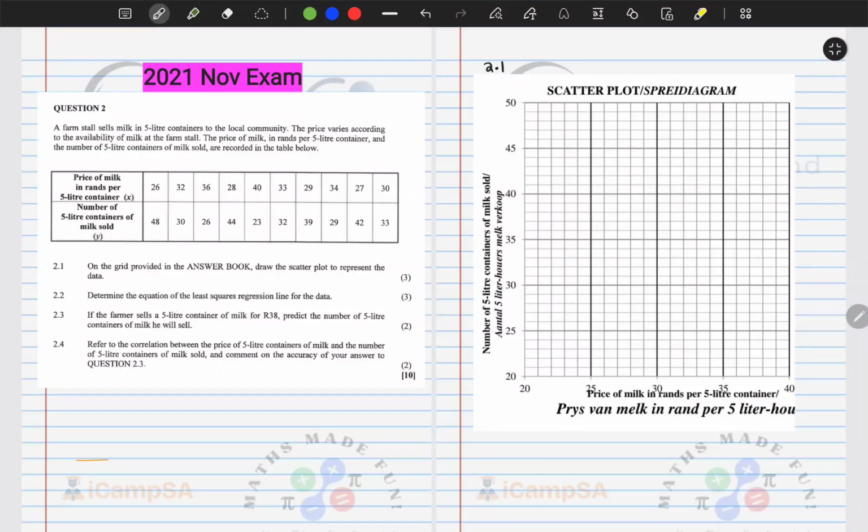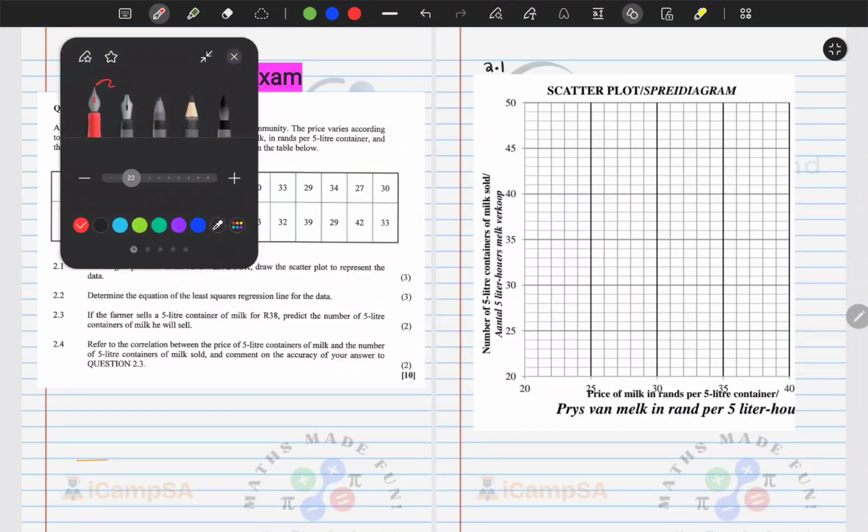So if you look carefully, this is the grid that we are given and we are required to plot the scatter plot. I'm going to start with this one, 26 and 48. If you look carefully, this is 21, 22, 23, 24, 25. So 26 is here.